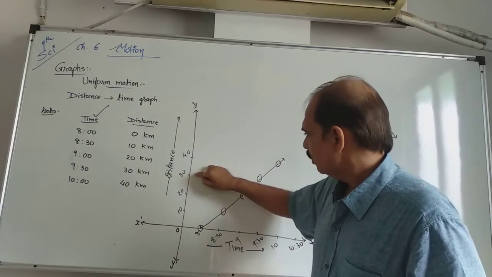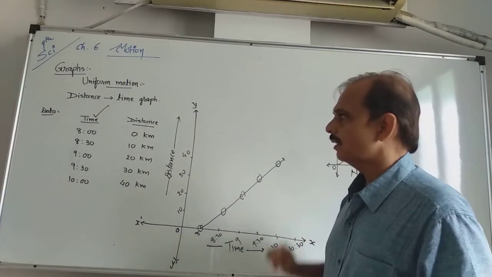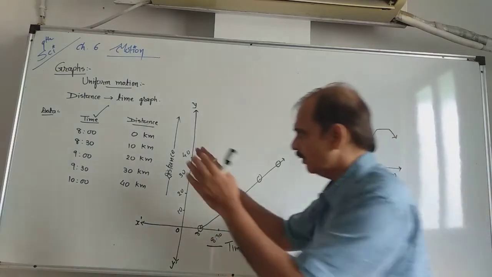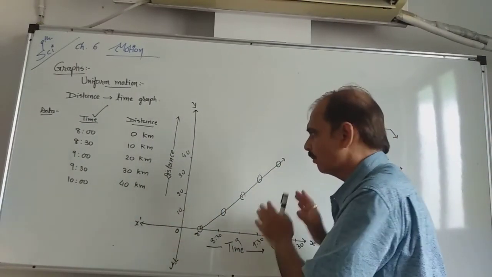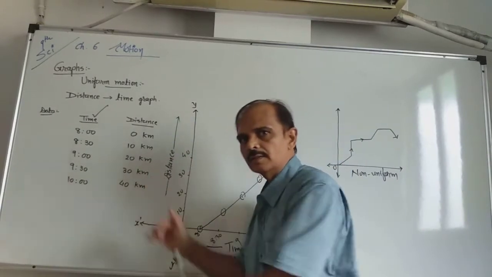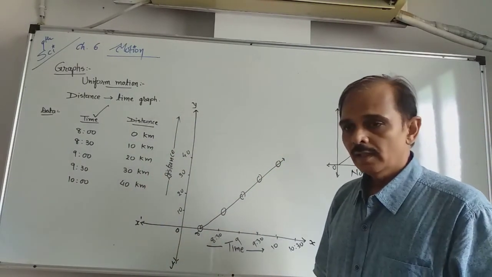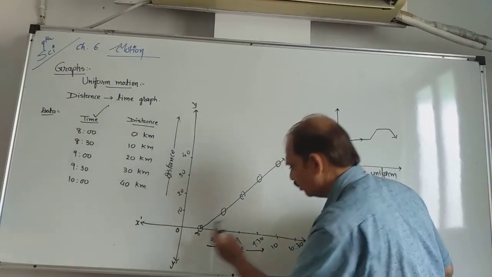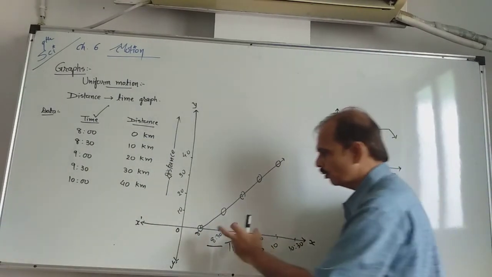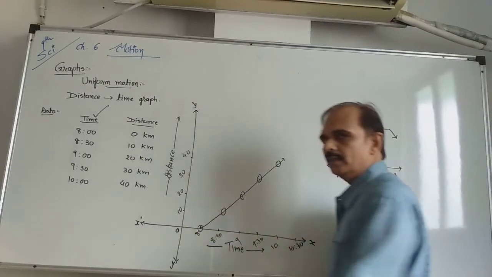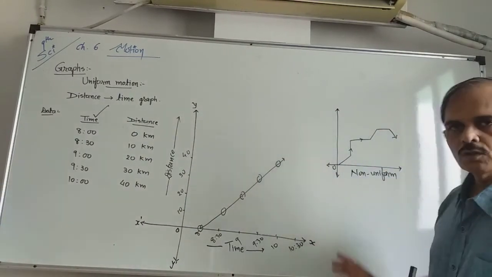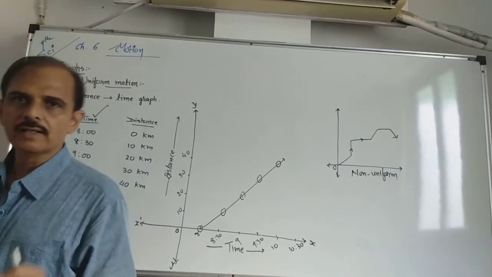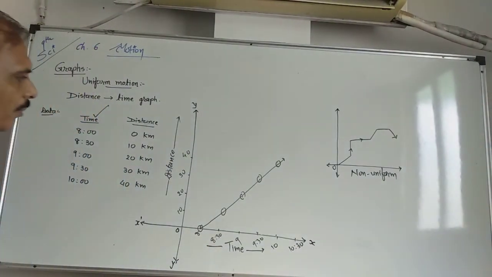To cover 30 kilometers, how much time is taken? At 9:30 it reaches 30 kilometer distance. So from distance you can find out time, from time you can find out distance. Is it okay? In between a certain time interval, suppose 8 o'clock to 9:30, 8 o'clock to 9, 8:30 to 9:30, 8:30 to 10 o'clock, you can also find out the distance covered by the object.